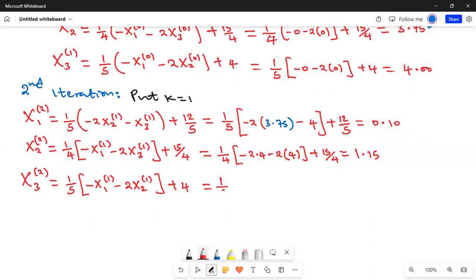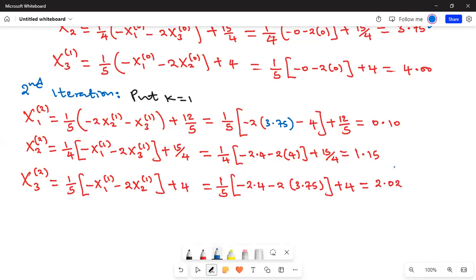When you substitute, you get 1 over 5 negative 2.4 minus 2 times our x2 at level 1 is 3.75. Add this to 4, press in your calculator, you need to get 2.02.